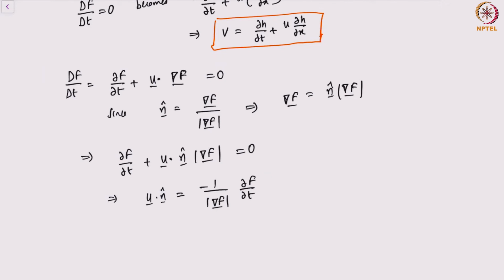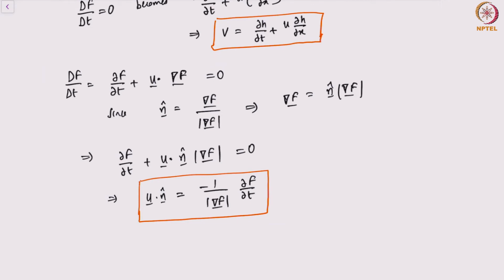This is another way of also writing down the jump conditions, the kinematic condition at the interface. U dot n will basically give me the normal component of the velocity. In this case, you can verify that that is exactly equal to v, and then the other term, the right hand side, will actually tell me the local changes to the interface position.